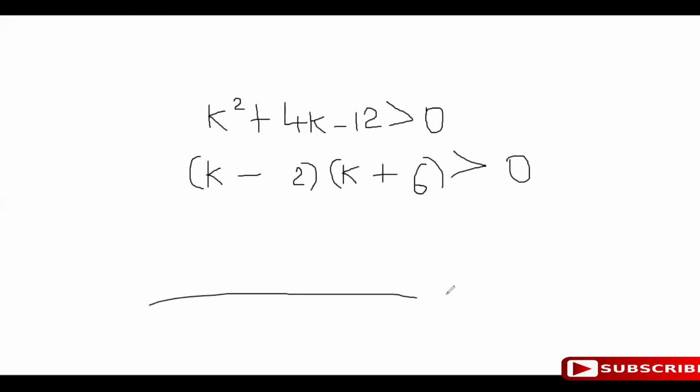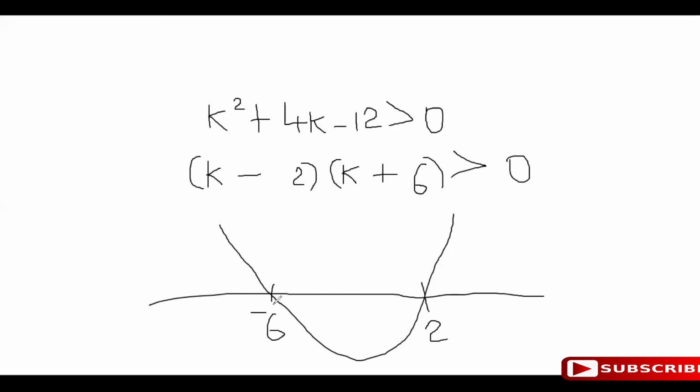So now let's sketch it. If we were to put it on a graph, this is the quadratic that we have, and we have -6, and we have 2. So this is when k is -6, and this is when k is 2. But we want when it is greater than 0. This is the line y equals 0.